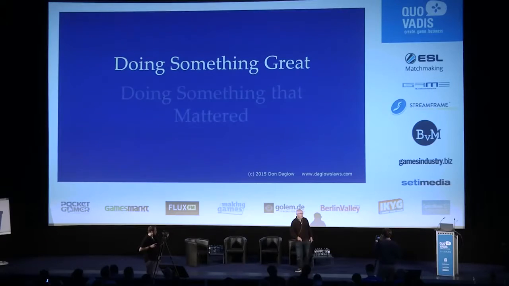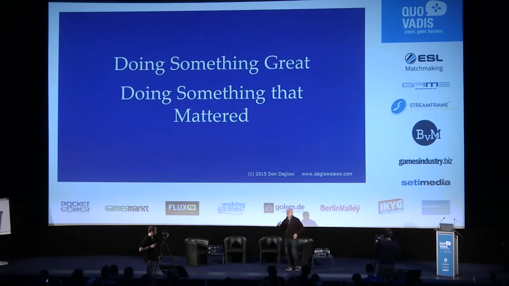What choices do we make here to try to do something great? Because if we're trying to do that, that's how we will do something that mattered. And you notice I don't say do something that matters. I say that mattered, because we don't get to decide what matters. It matters to us as we make the game, but only the players decide what mattered to them.